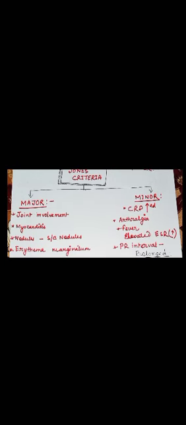Next, I am coming to the minor criteria. Now see the minor criteria. C-reactive protein CRP is raised, there is arthralgia, there is fever, there is elevated ESR. Fever is a constitutional reaction that will always be present.